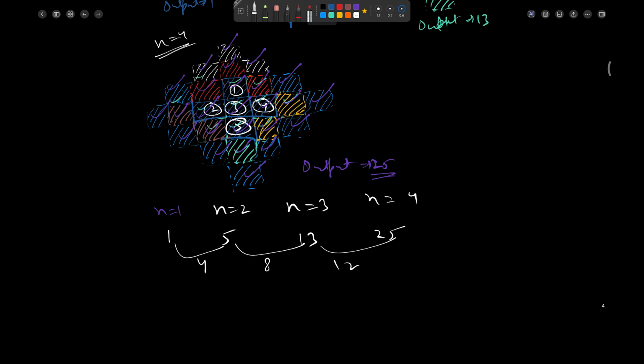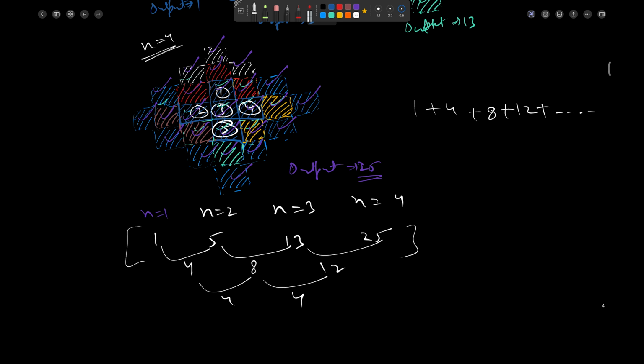Again we can find the difference here: 4 and 4. So we can make a guess that the sequence is increasing with 4 increments. We can write this as 1 plus 4 plus 8 plus 12, and this will go on like this till the nth term.